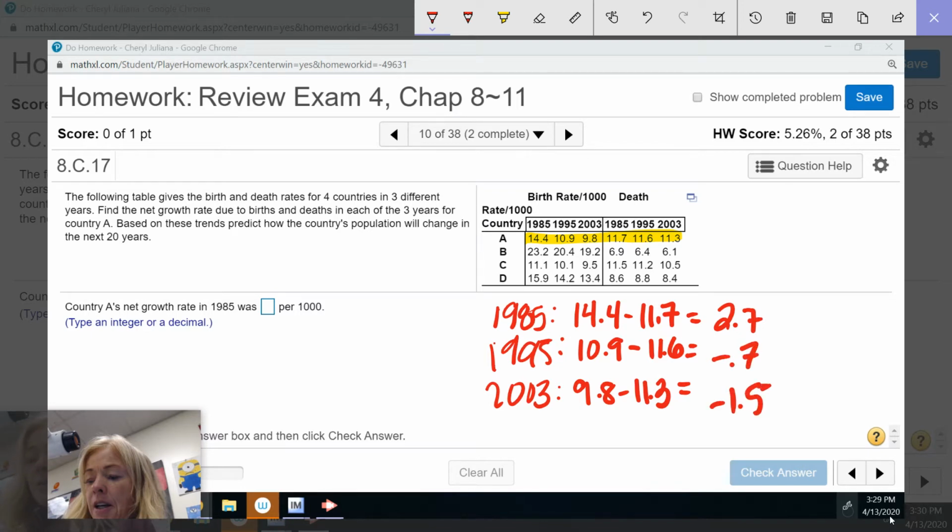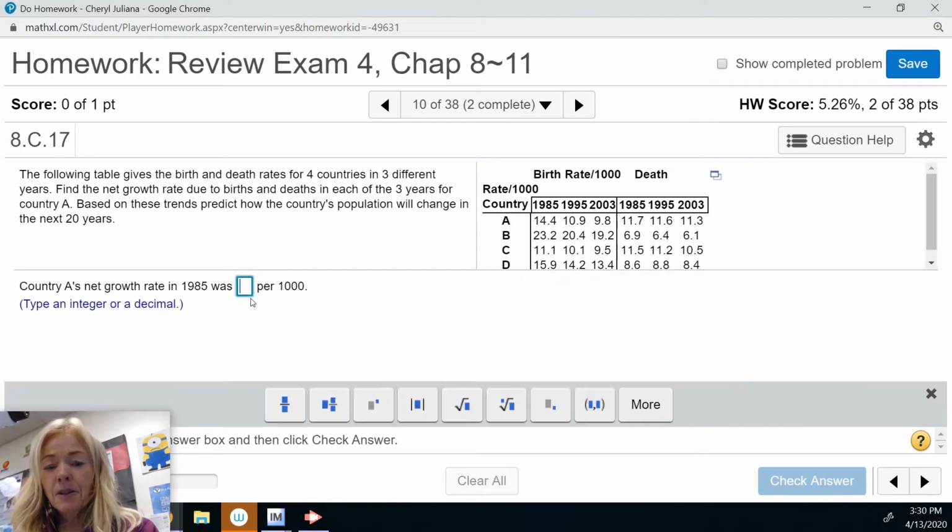Now, you'll notice probably that this is a negative growth rate, so it's going down from 2.7 to negative 0.7, and then it reduces again to negative 1.5, so it's in decline. So what might happen is the country is going to decrease in population over those years. So I have those in my calculator, so I can type them in.